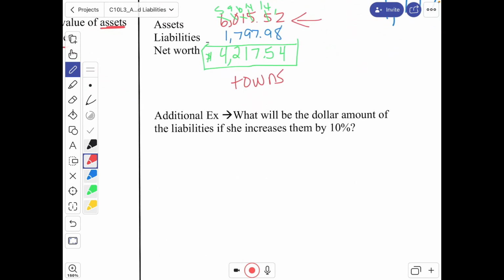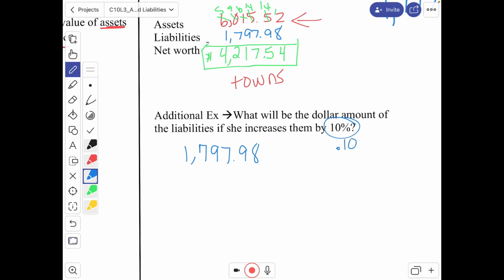Another example. What will be the dollar amount of the liabilities if she increases them by 10%? So if we take the liabilities and we want to find 10% of the liabilities.